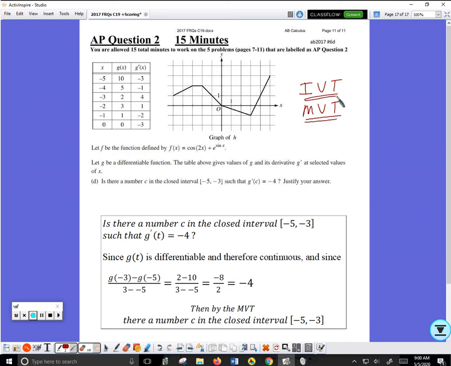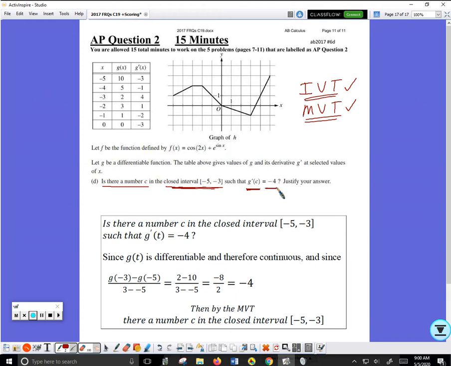That's what those two theorems are all about. So when it says, is there a number C in the closed interval, I'm thinking one of these two, such that G prime of C is -4.